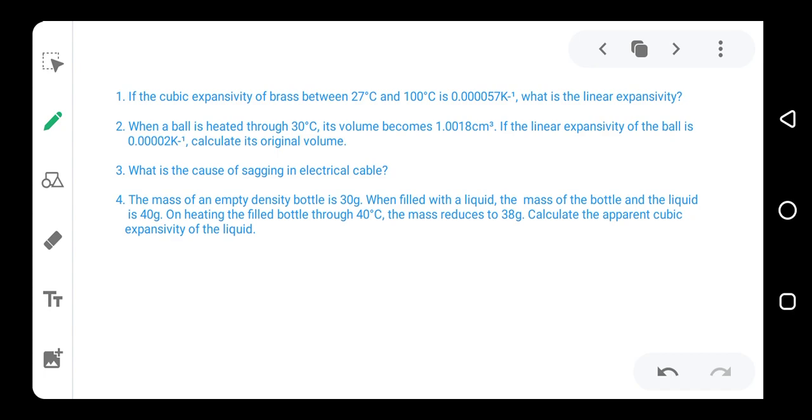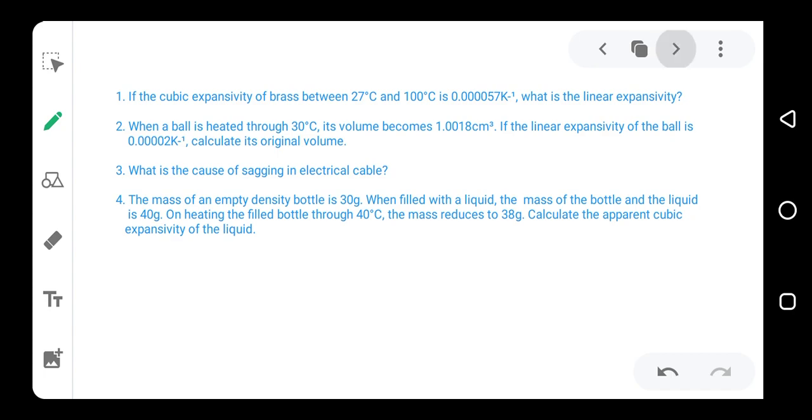But here, instead of giving us the cubic expansivity, they now give us linear expansivity. So we create a relationship between linear expansivity and cubic expansivity, and get our cubic expansivity. Now from it, we use it with the first formula for cubic expansivity, bringing in the volume and temperature change. Now we can calculate our original volume.